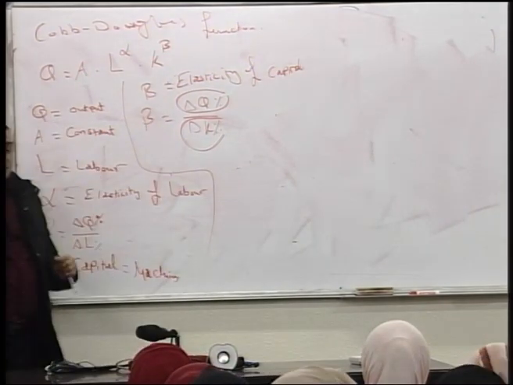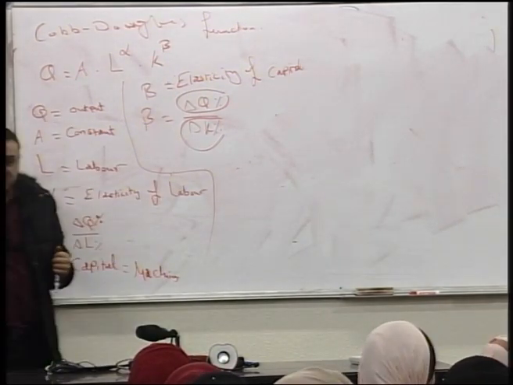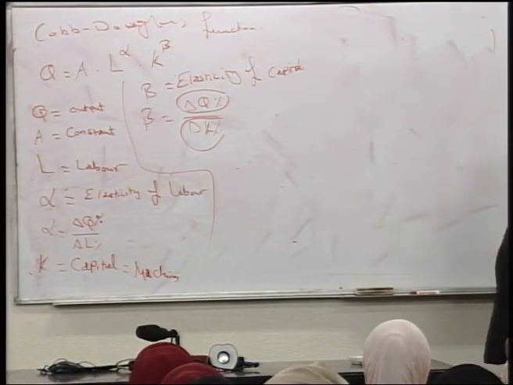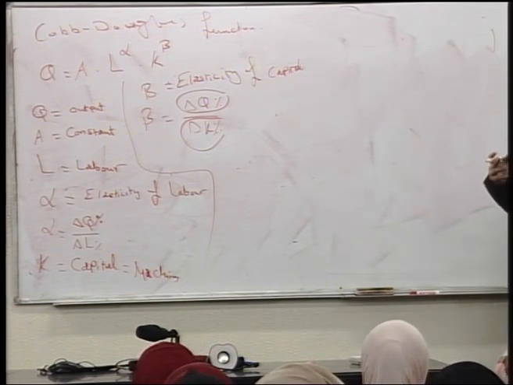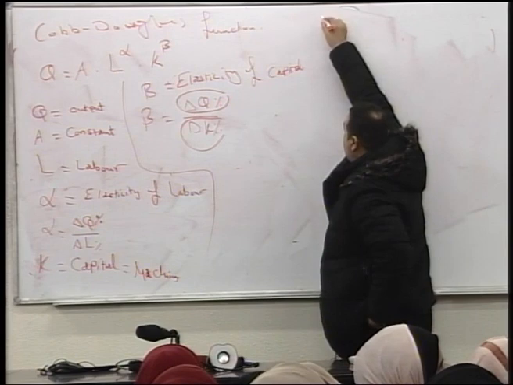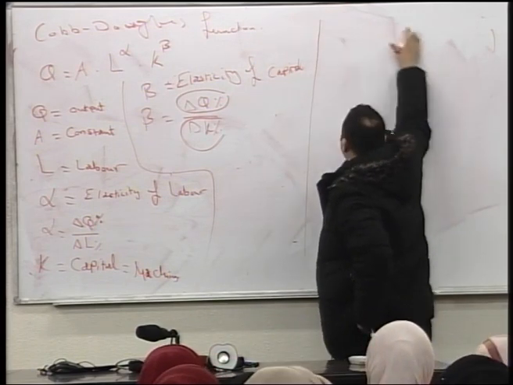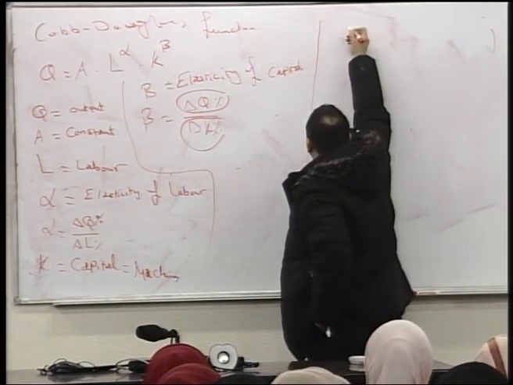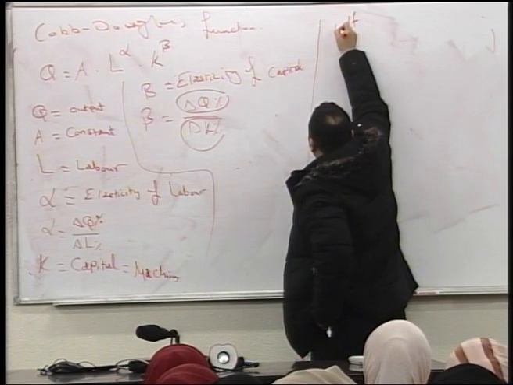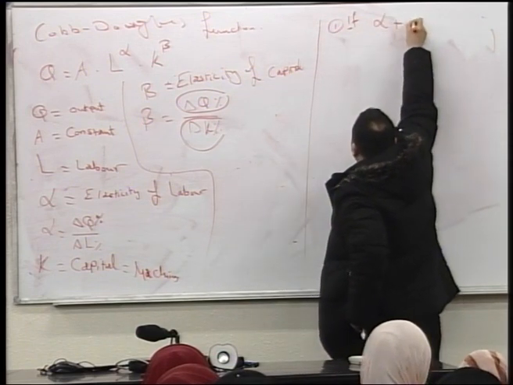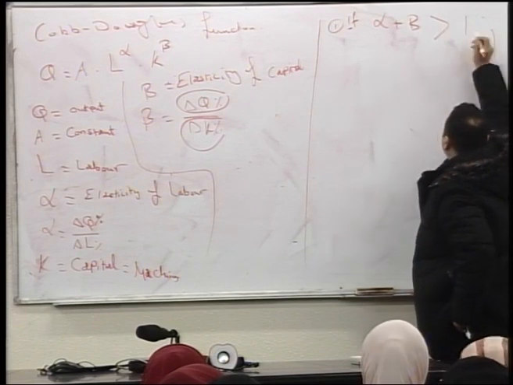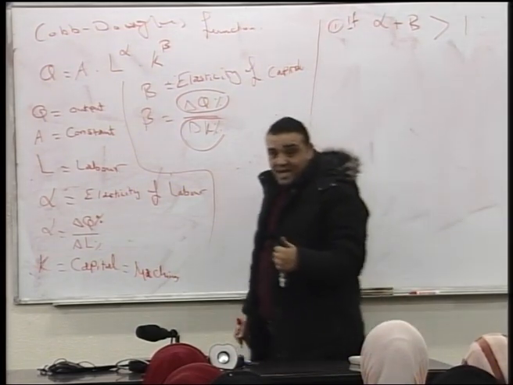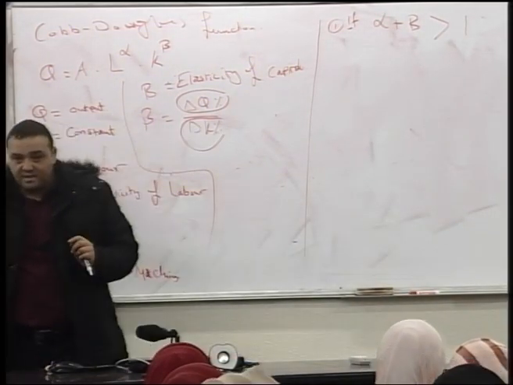Okay. This function is homogeneous. To understand the idea, they said that if alpha plus beta is bigger than 1, the expansion is good and we have increasing returns to scale.